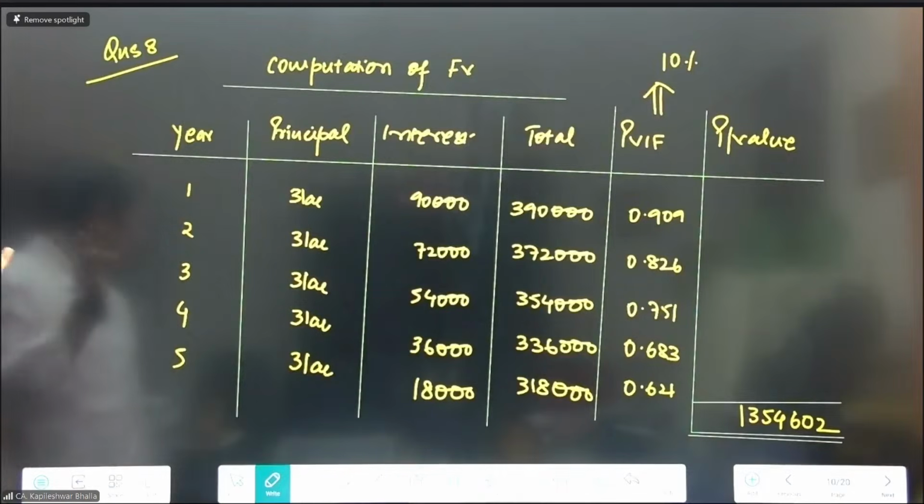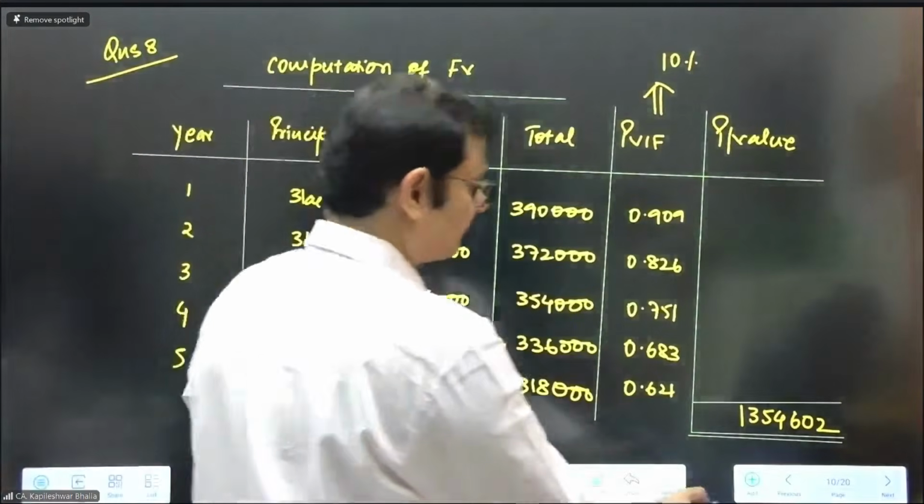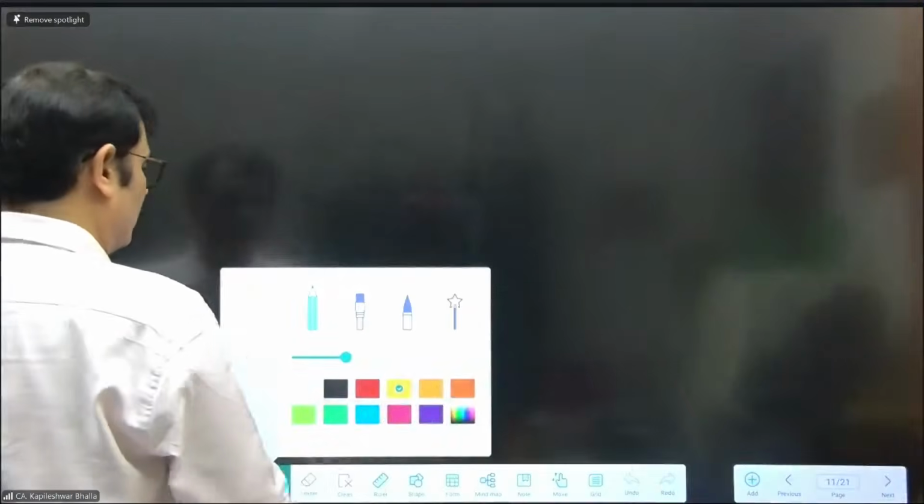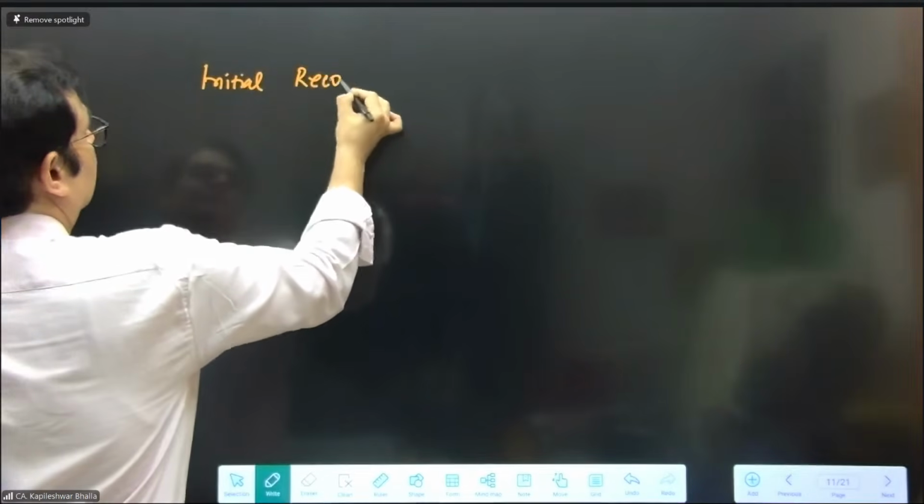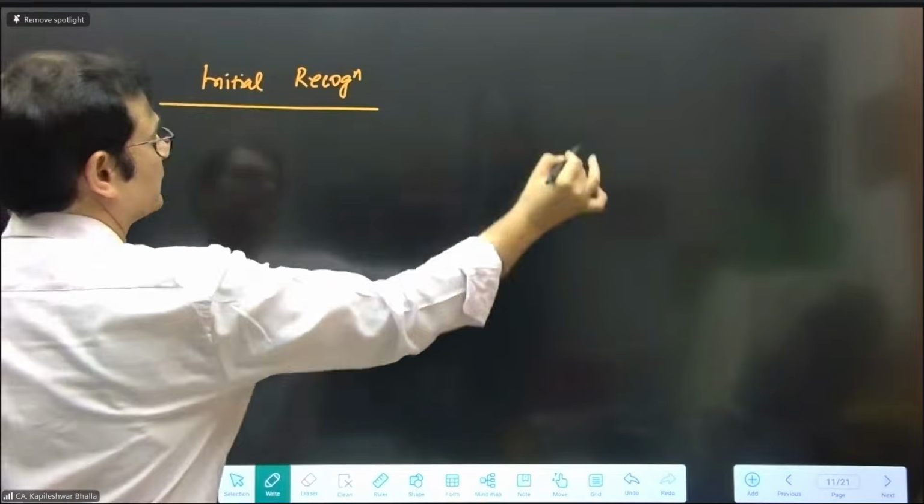Okay, now with this, let's come further. So we'll do the entry at the inception. Let's have a basic look at how the initial accounting will look. Let's look at the input in terms of initial recognition in this case.